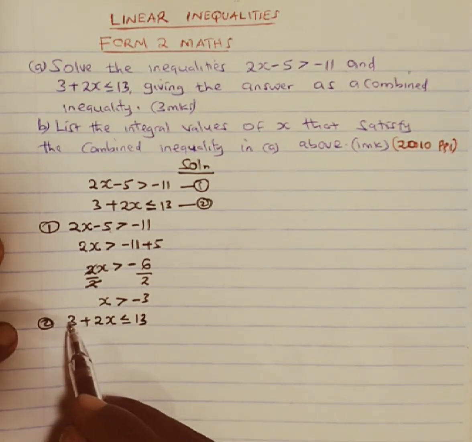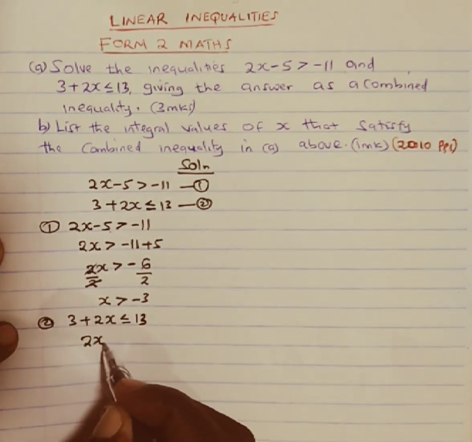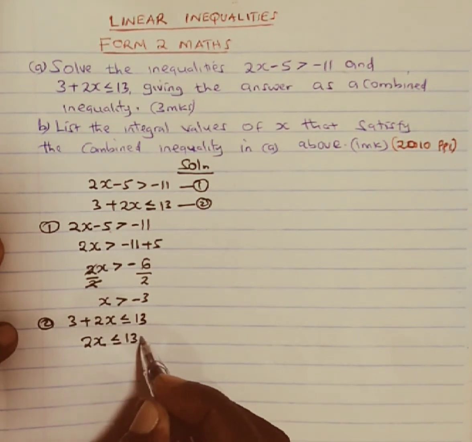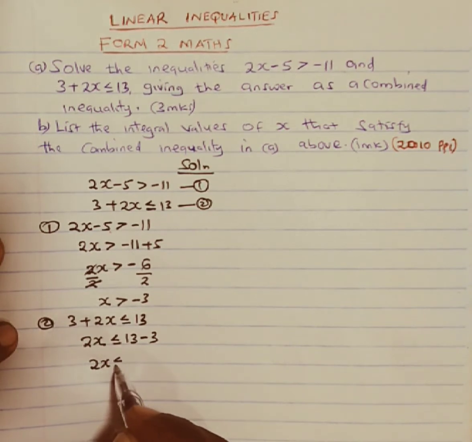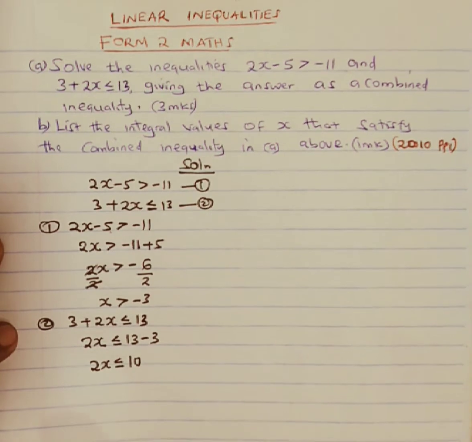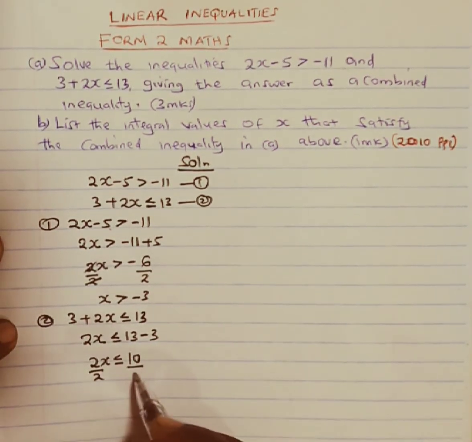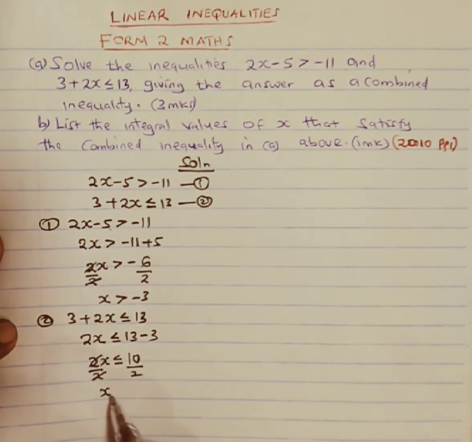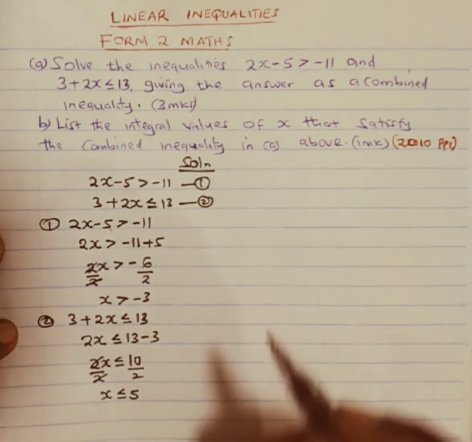If we take positive 3 to the other side, we are going to remain with 2x being less than or equal to 13 minus 3, which gives us 10. And if you divide both sides by 2, 2 and 2 go, so that we remain with x being less than or equal to 10 divided by 2, which is 5.